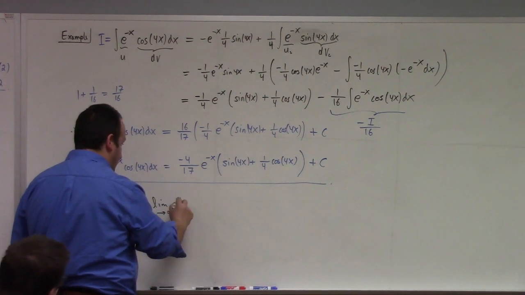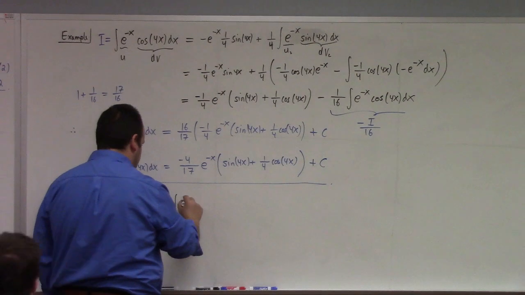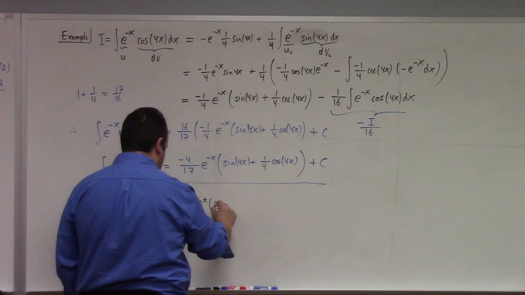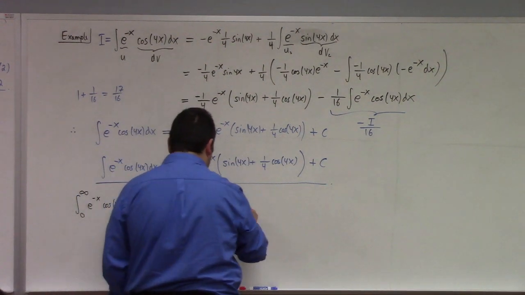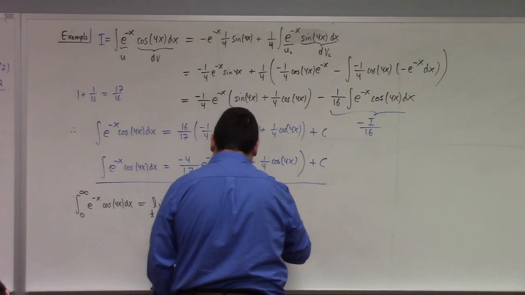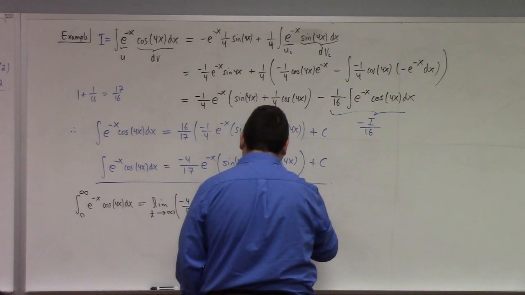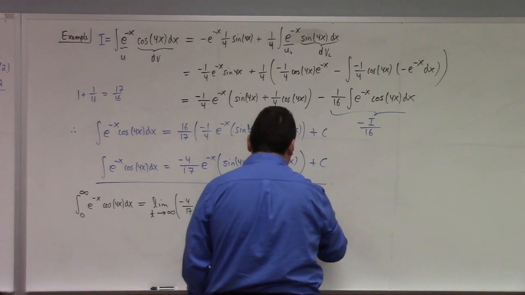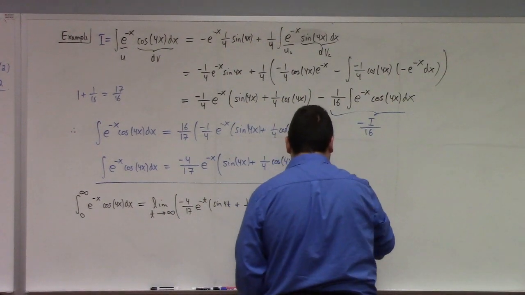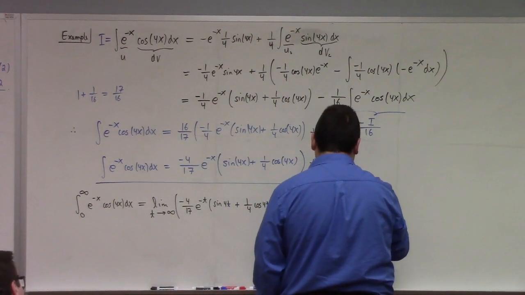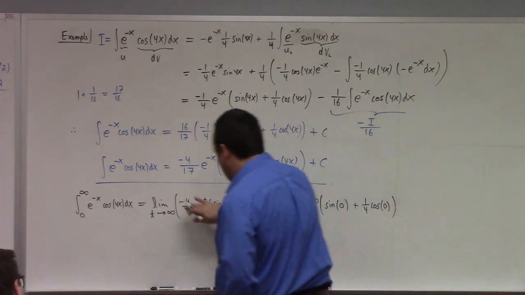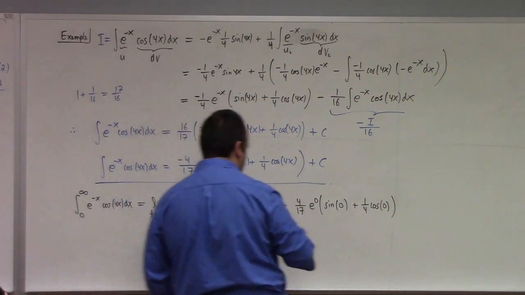Limit as t goes to infinity of minus 4 over 17 e to the minus t sine of 4t plus 1/4 cosine of 4t plus 4 over 17 e to the 0 sine of 4 times 0 plus 1/4 cosine of 0. Close limiting process over here.